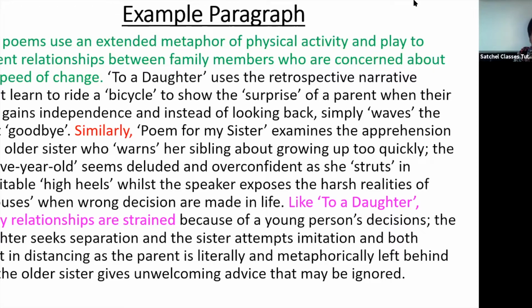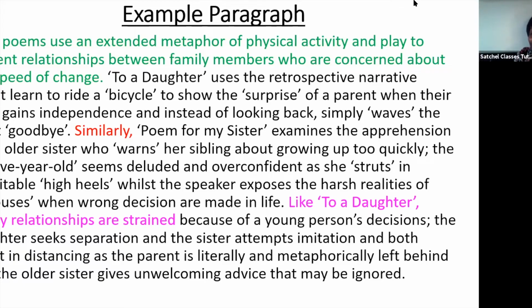Like To a Daughter, family relationships are strained in Poem for My Sister because of a young person's decisions. The daughter seeks separation and the sister attempts imitation, and both result in distancing, as the parent is literally and metaphorically left behind, and the older sister gives unwelcome advice that may be ignored.